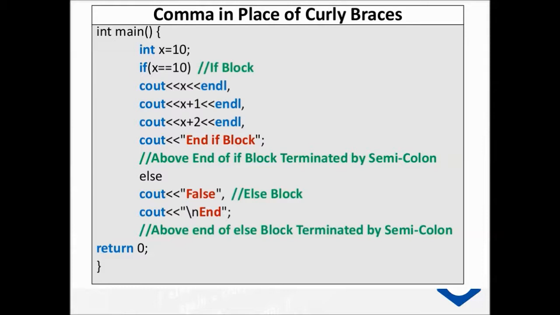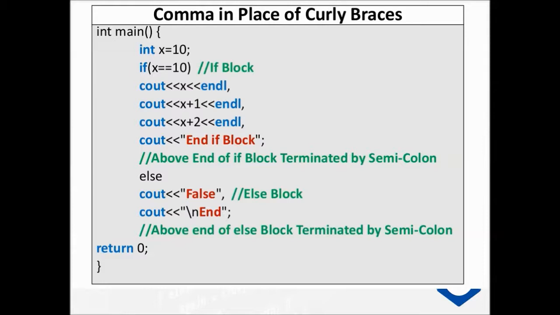After that we have a condition, if x is equal to 10. We start our if block. Normally we write this if block in between curly braces. Now if we do not use curly braces, what do we use?